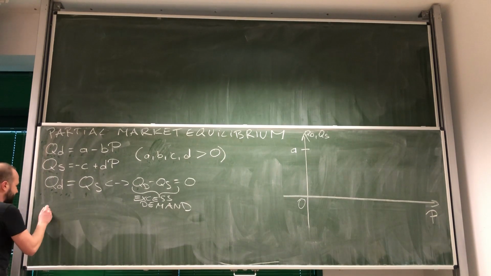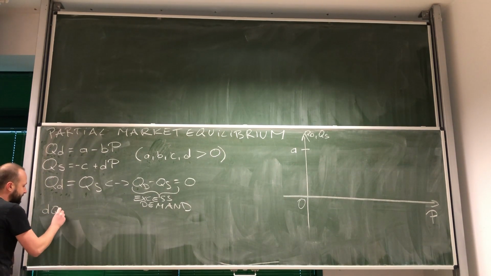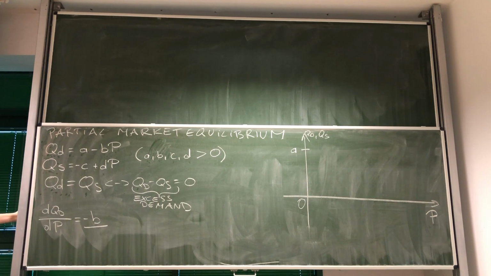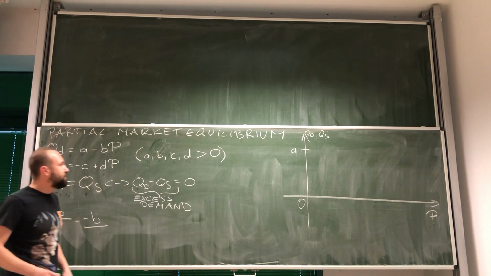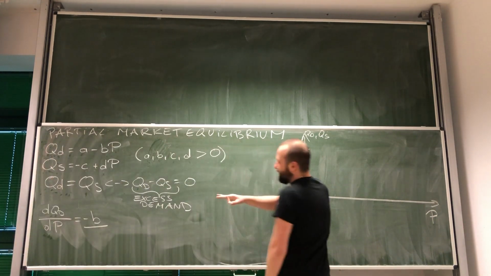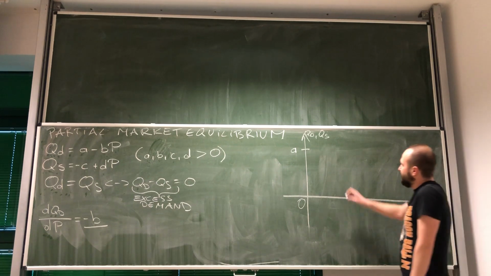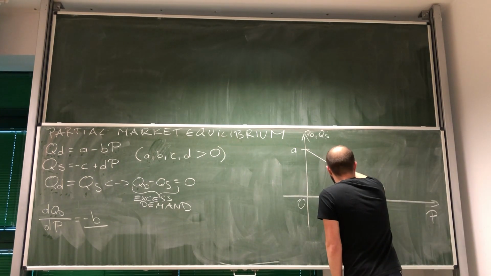If I differentiate quantity demanded with respect to price, I'm going to get that this is negative b. So each time when price increases by some very, very tiny amount, quantity demand declines by b. So this is actually a linear function, right, that goes down.